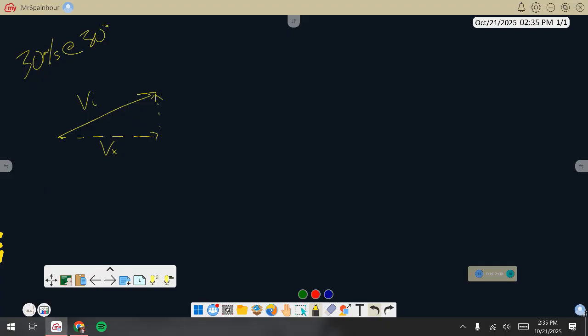Initial y, correct. Now, just as a heads up for what you're about to see in just a second on a video, you might remember that where you place a vector doesn't inherently change that vector. Meaning, if I draw this arrow and that arrow, those are equal to each other because they are the same size and point in the same direction. So there is another way to draw this, which you're going to see in a few moments, and that is that this is velocity x and that this is initial velocity in the y.